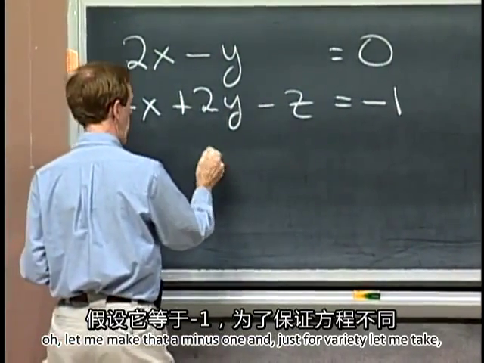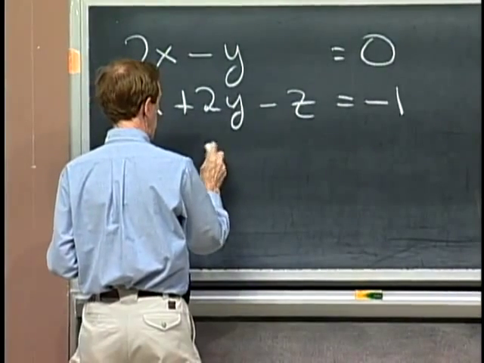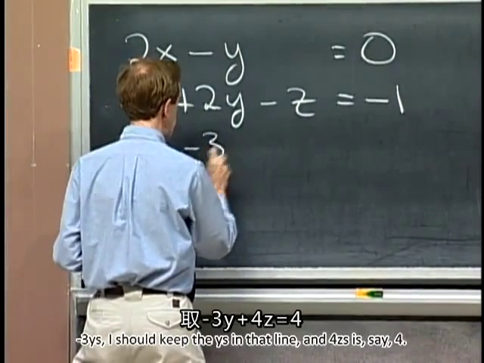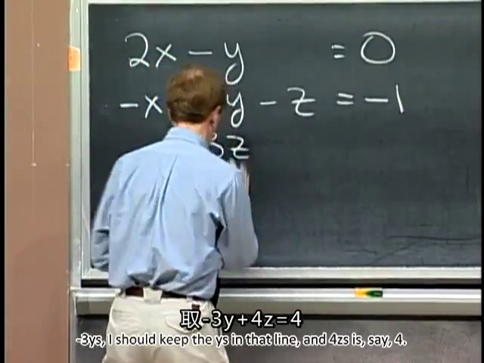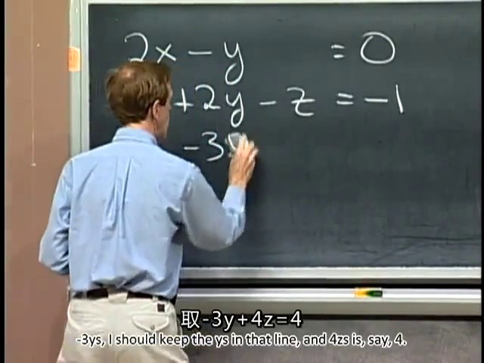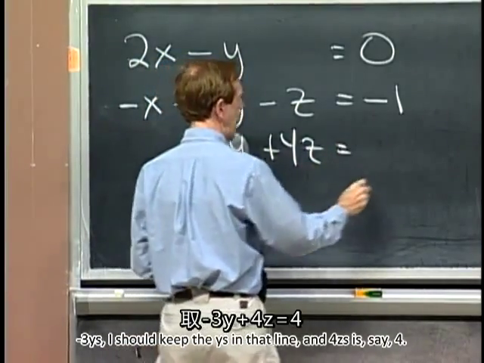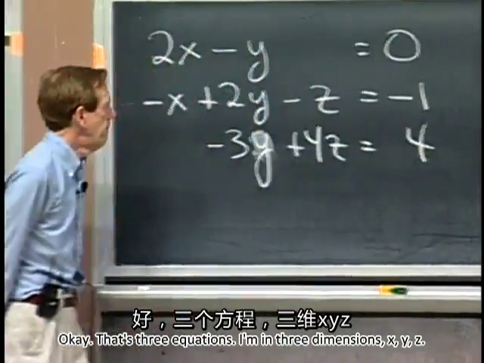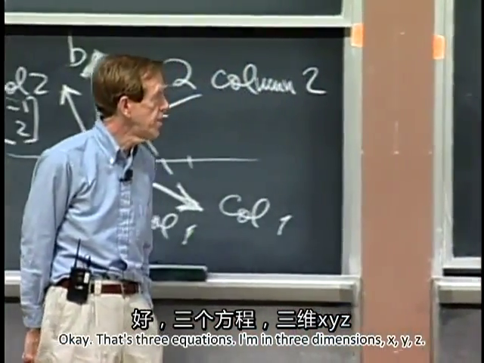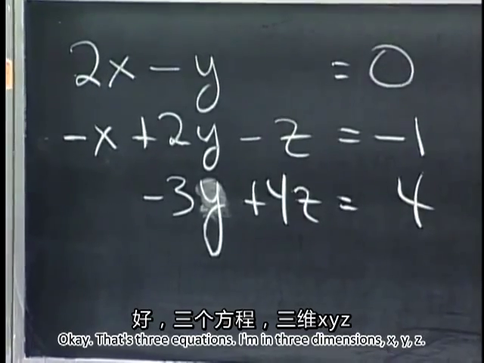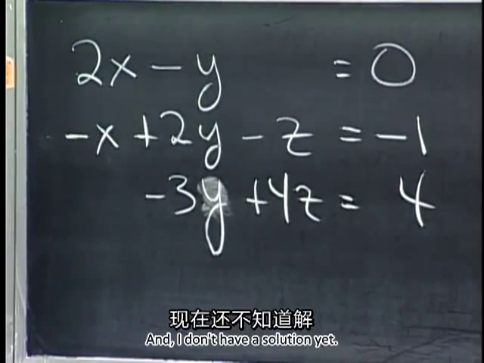And just for variety, let me take minus 3y's. I should keep the y's in that line. And 4z's is, say, 4. That's 3 equations. I'm in 3 dimensions, x, y, z.